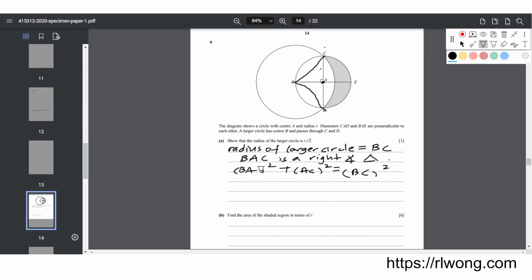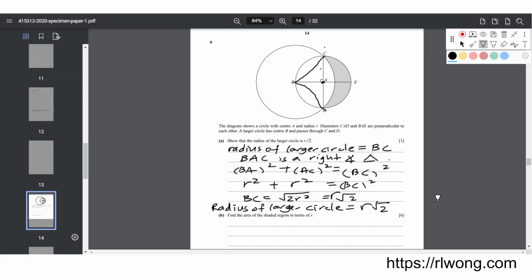Okay, so AB is basically r, AC is also r. So BC is basically the square root of 2r squared, which is equal to r root 2. So therefore, the radius of the larger circle is equal to r root 2. Alright.